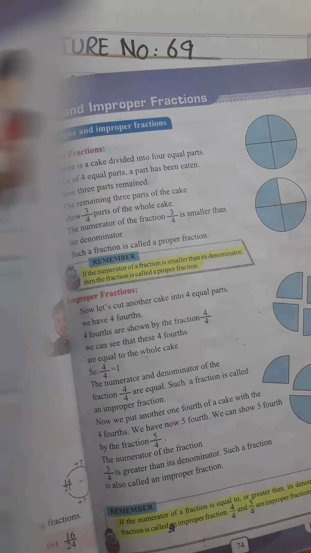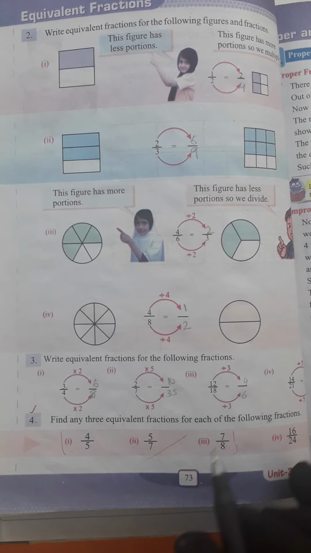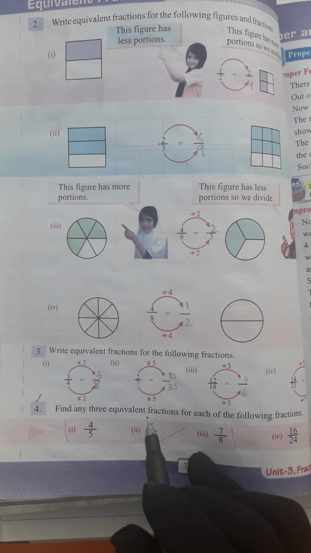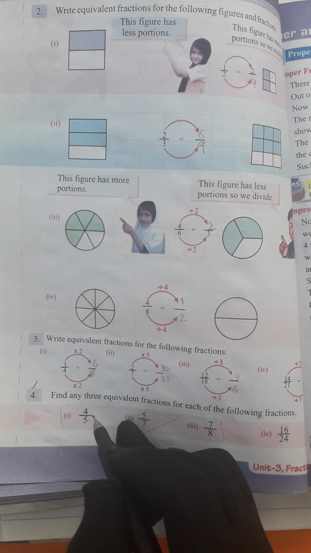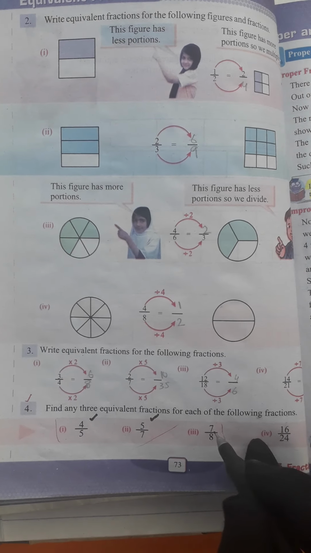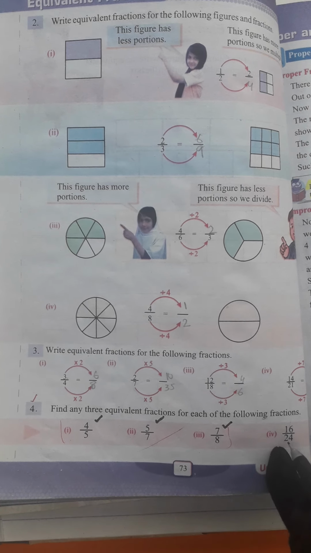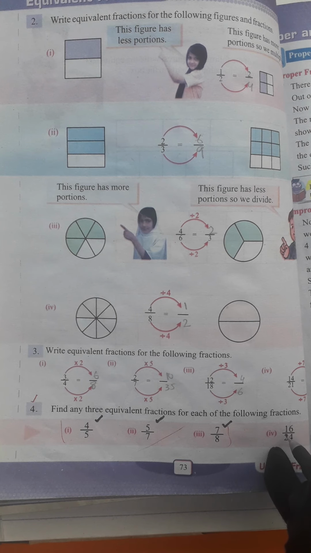Look at question number 4. Find any 3 equivalent fractions for each of the following fractions. This one for multiplication, this one for multiplication, this question for multiplication, and this question is for the division method. Okay, you people use the division method for part 4.